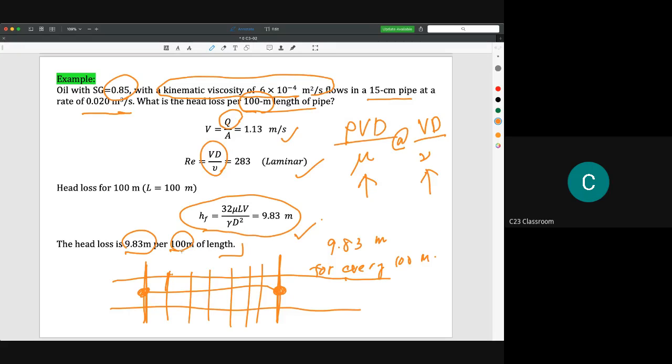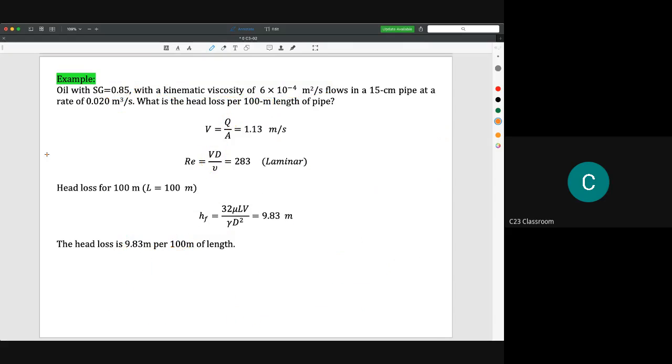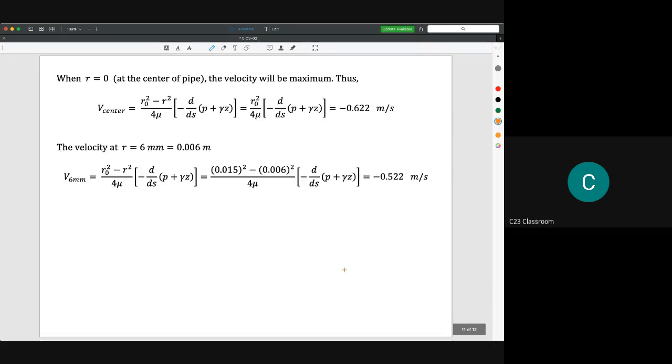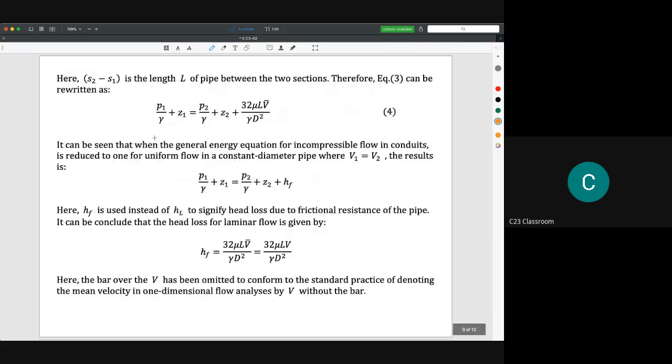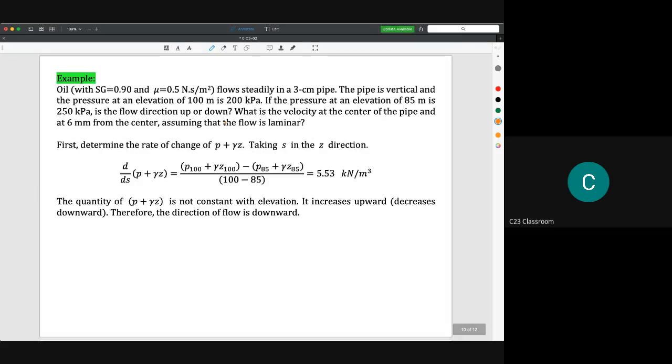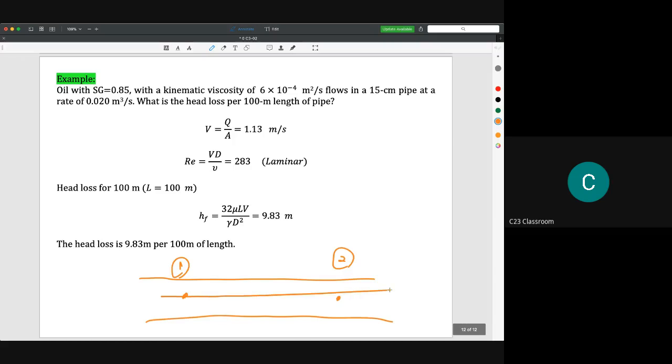Okay, why is the idea of pressure drop like this? Let's say we have a point number 1 here, and then a point number 2 here. As I said, if you look back at the equation here, we have the value of P and the value of Z, and it is equal to P at point 2 and Z at point 2. But if you have the same level of pipe like this, the value of Z is equal.